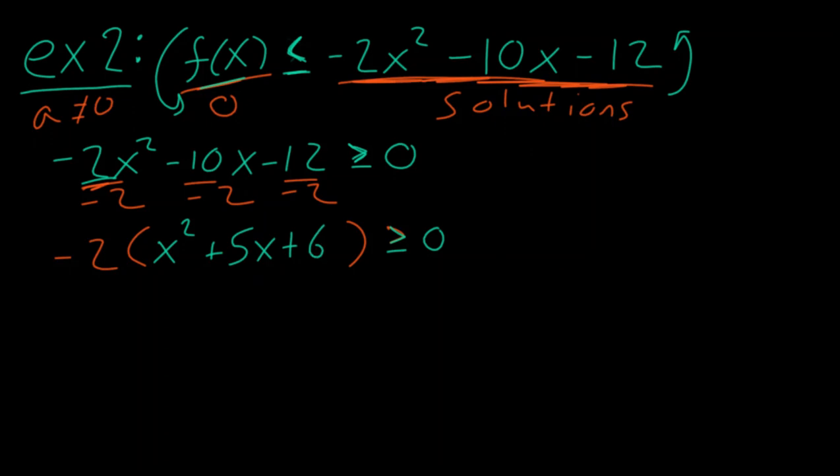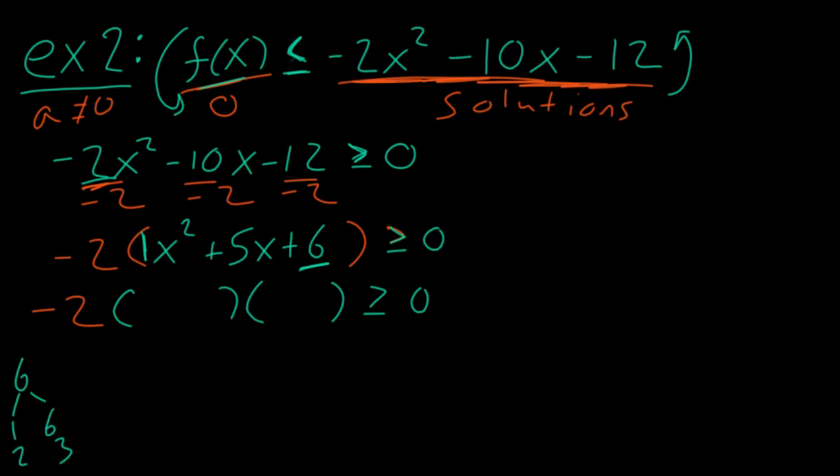Okay, perfect. Now from here, now that I have an a value of 1, I can use simple factoring. Okay, so we have our -2, and then let's go ahead and split this up into our 2 sets of parentheses greater than or equal to 0. Now y'all, I know that 6 is pretty easy to break up. We could say 6 is really 1 and 6, or 2 and 3.